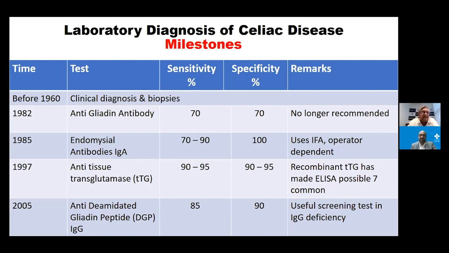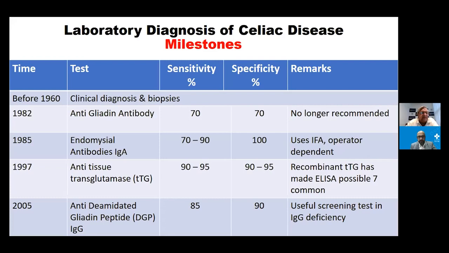Subsequently, in 1997, it was noticed that endomysial antibodies cross-reacted with tissue transglutaminase. So antibodies against tissue transglutaminase would also give the same indication as endomysial antibodies. With the availability of recombinant TTG, the ELISA was positive and it has become very common.